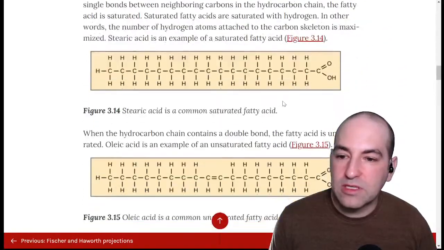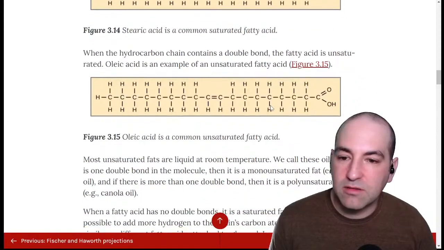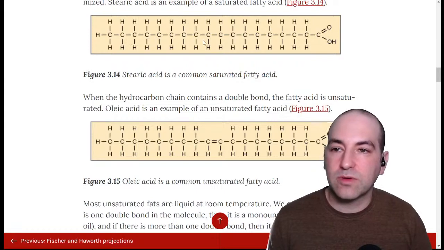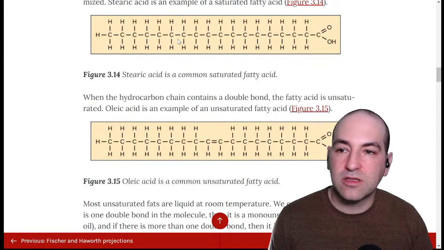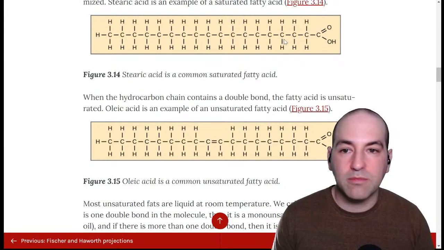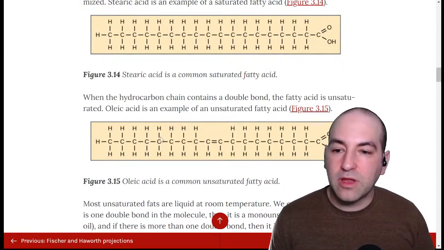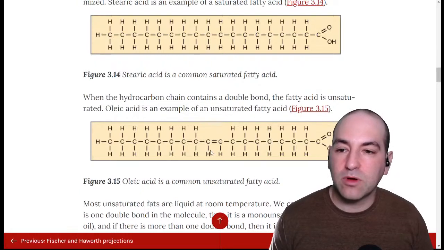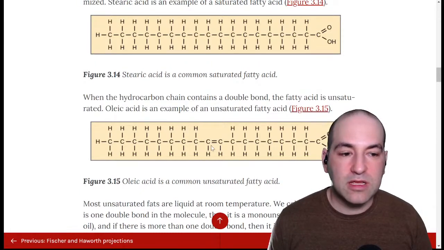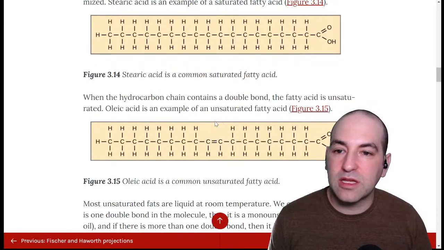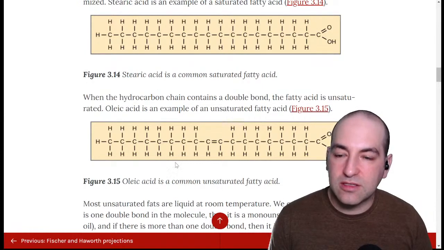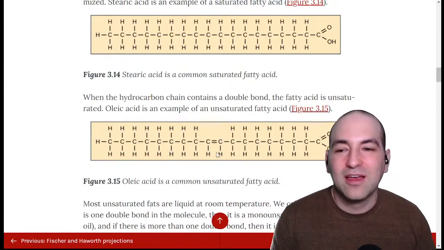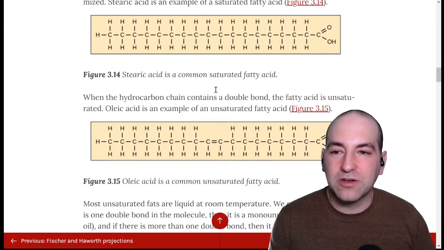One thing that we see in some different fatty acids is whether or not they have double bonds. This one up here, which is stearic acid, you can see there are no double bonds in the carbons at all. And this one, which is oleic acid, a major component of olive oil and vegetable oil, has a double bond right here. So this fatty acid down here has fewer hydrogens than this one up here.